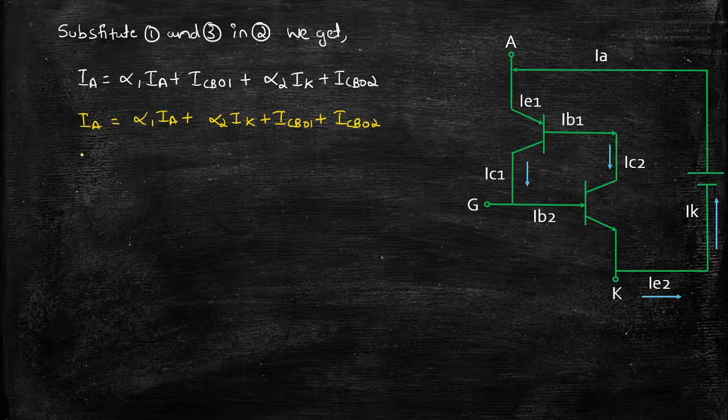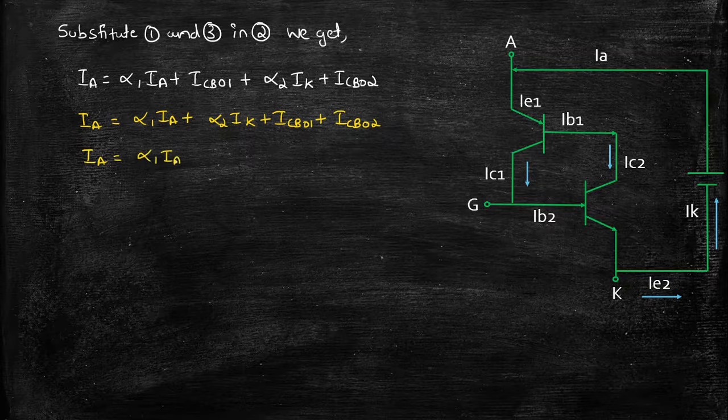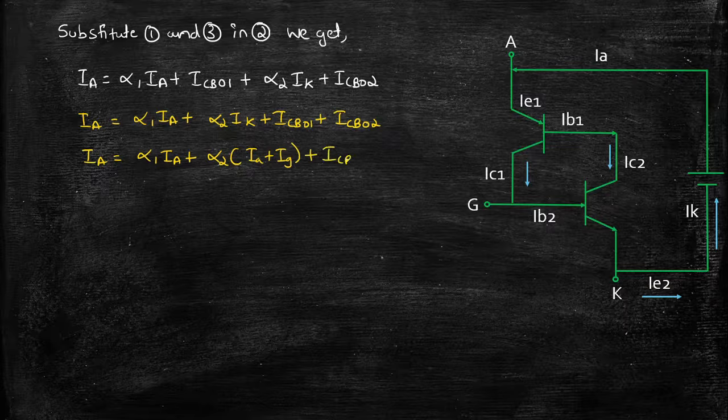Now, can we write IK as IA plus IG, because we have already derived it from equation number 4, isn't it? So I will write IA is equal to alpha 1 into IA plus alpha 2 into IK, which can be written as IA plus IG, and I will rewrite ICBO1 plus ICBO2 as it is.